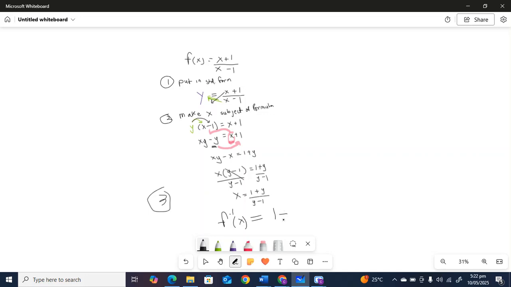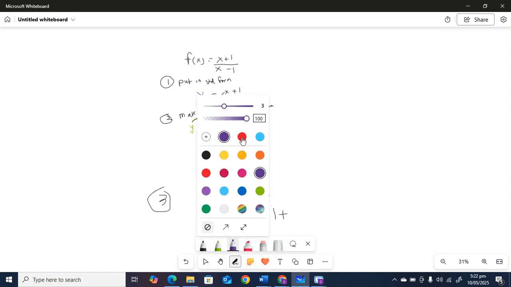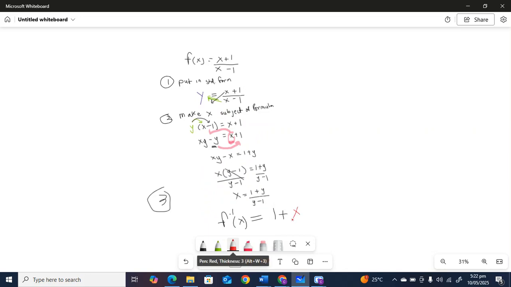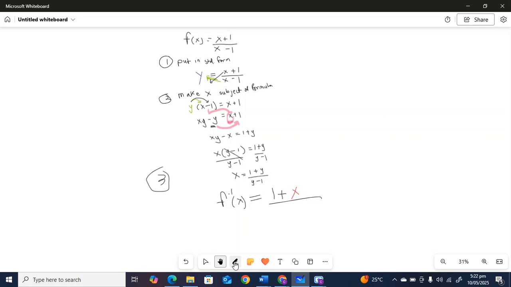So it becomes 1 plus x over, then this y here also x, minus 1 here.